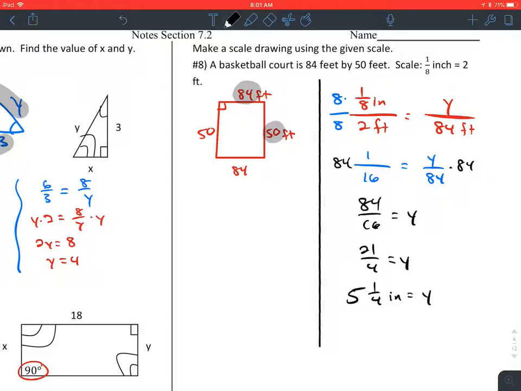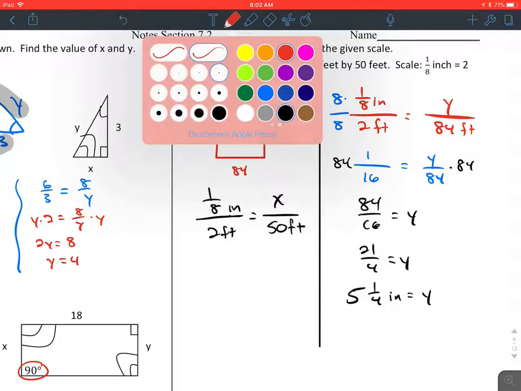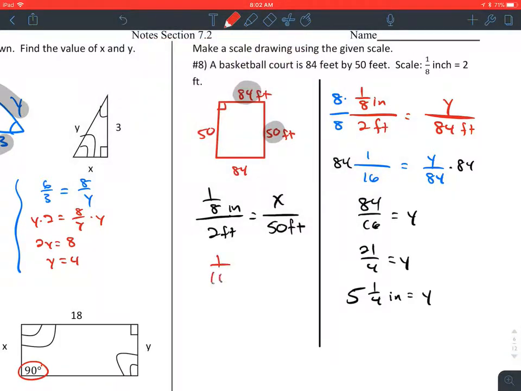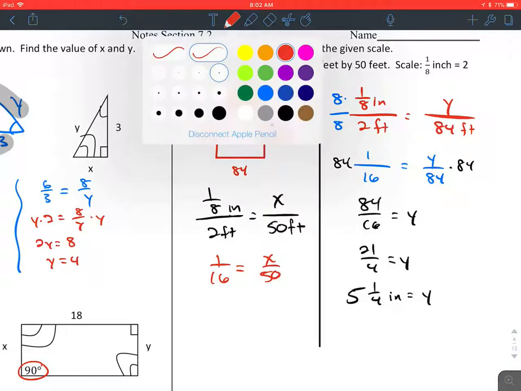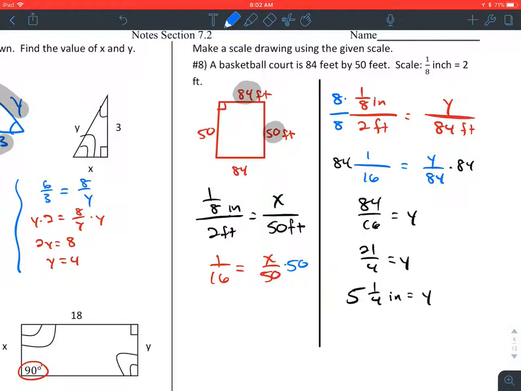Figure out the length of x. We're going to take 1/8 of an inch over 2 feet is equivalent to x inches over 50 feet. Fraction on the left reduces to 1/16 again, just like I did before. If I multiply both sides by 50 to get x by itself, I'm going to end up with 50 over 16 equals x.